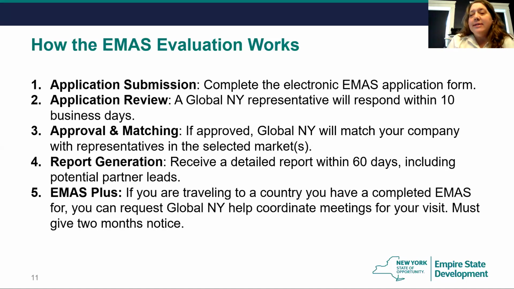It's an iterative process, so you work with the in-market representative, having a little meeting, discussing more of the finer points about your business and your interests in that market, and then they will come back to you with a preliminary report. You can identify whether or not they've hit the mark on your suggested partners, and then they can offer some meetings and introductions.